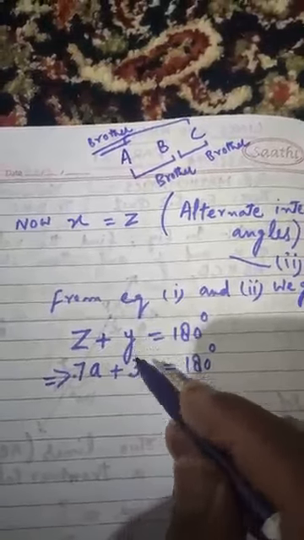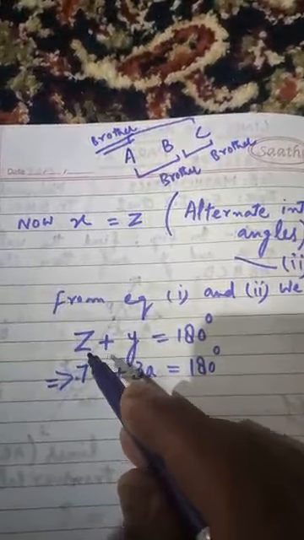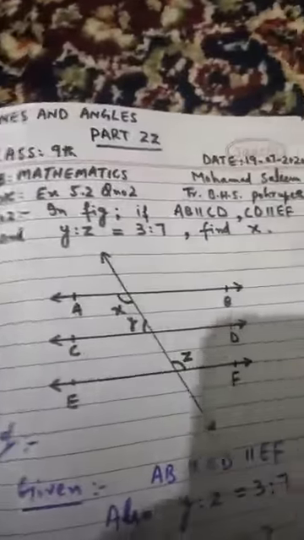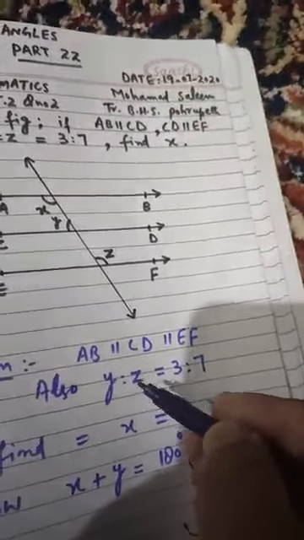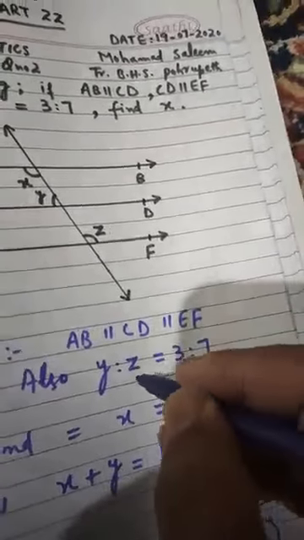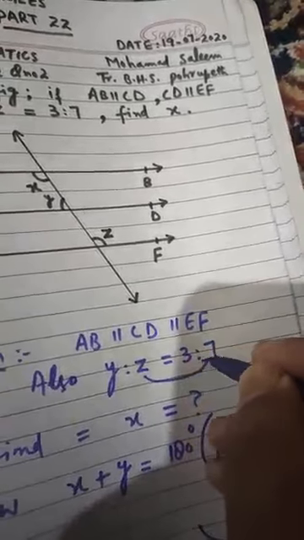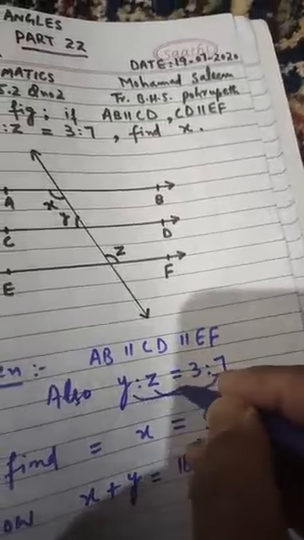Now why 7 and why 3? In the ratio, z has 7 parts and y has 3 parts.